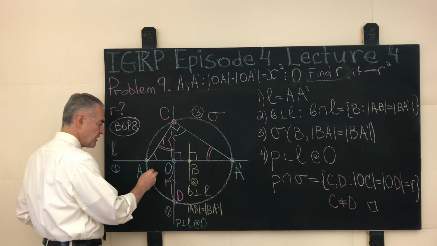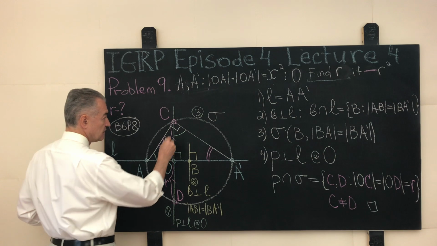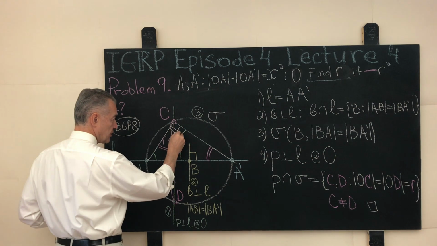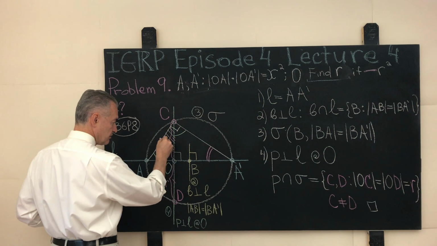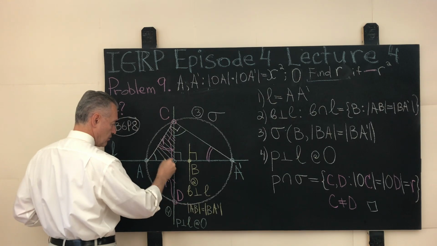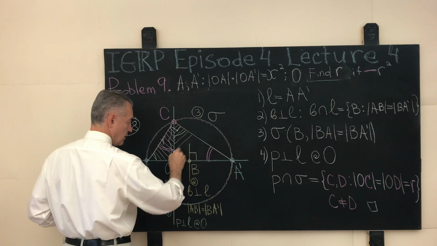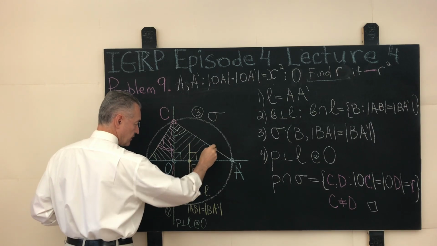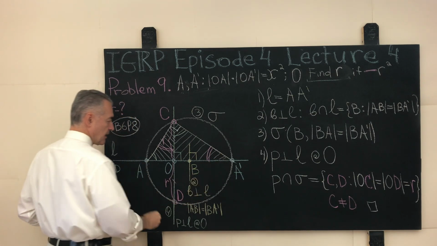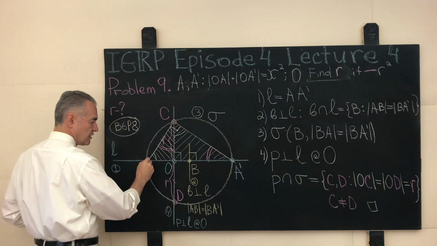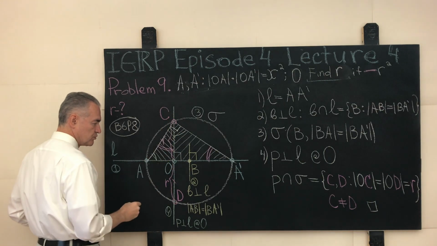So in the smaller triangle, let's say this triangle, we'll need this triangle, and then we'll need this triangle. You see these two triangles. From this triangle AOC, what would we write?